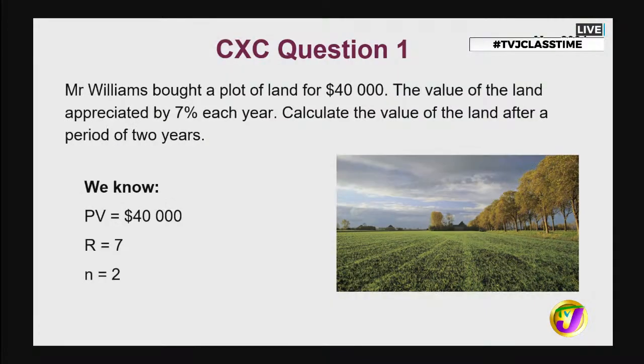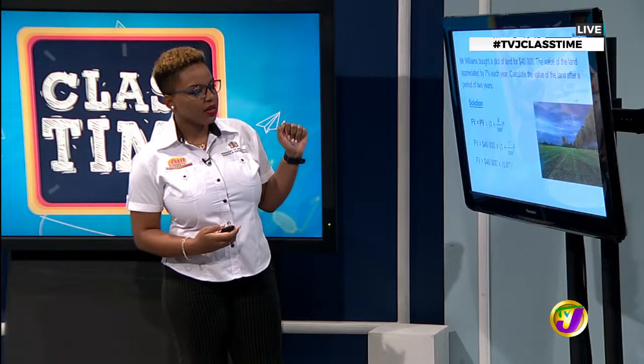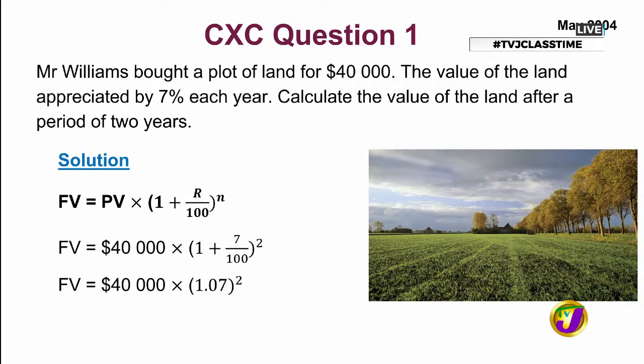All right, so now we're just going to substitute those values into our formula. And voila. And after you have substituted, you want to simplify, right? And see, we're having inside of the bracket 1 plus 7/100 is now 1.07. Same 7/100.